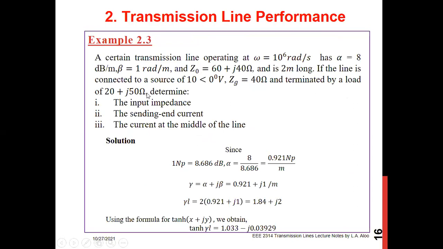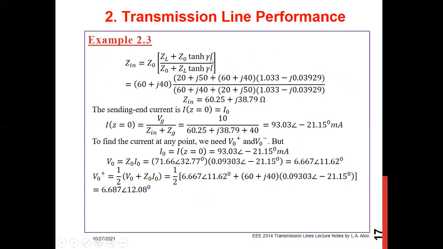If we substitute using the value of tan hyperbolic gamma L we have computed, confirm at your own free time that you'll get Z in to be equal to 60.25 plus j38.79 ohms.